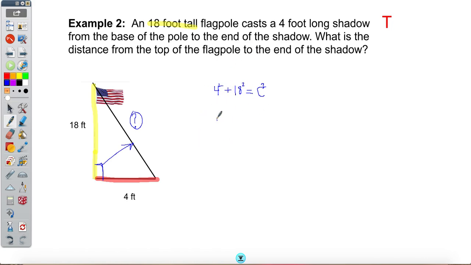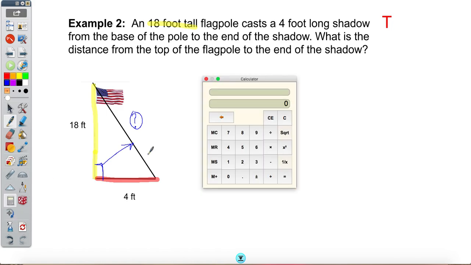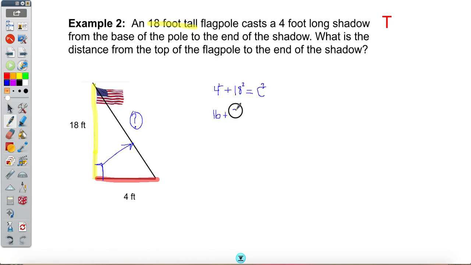So 4 times 4 is 16. We have 18 squared next, which is 324. And we are still trying to find out what c squared is equal to.